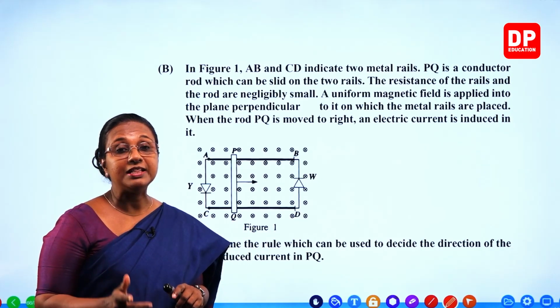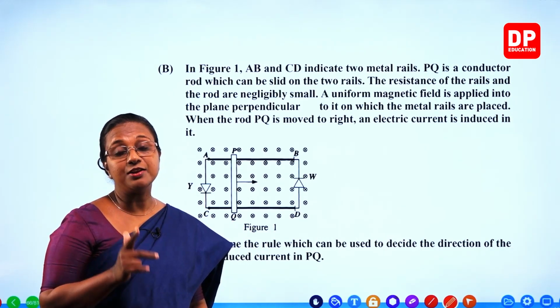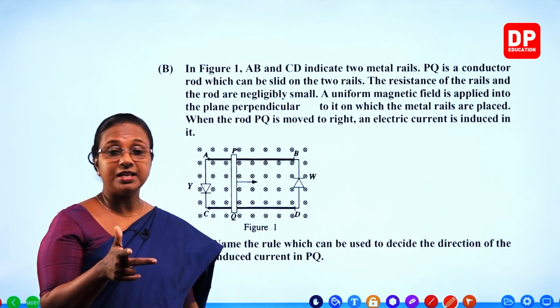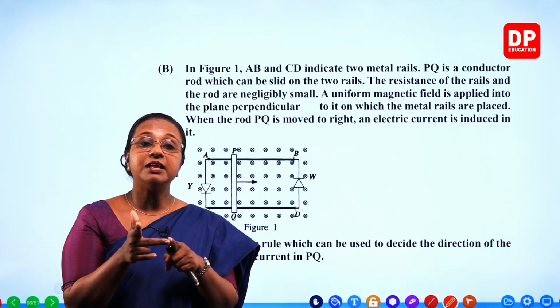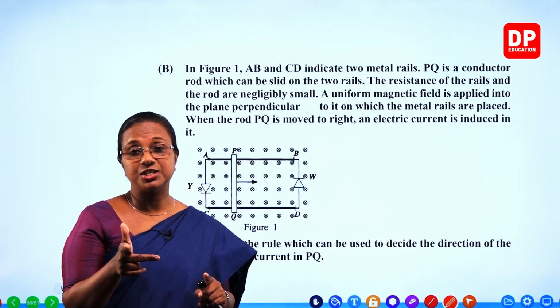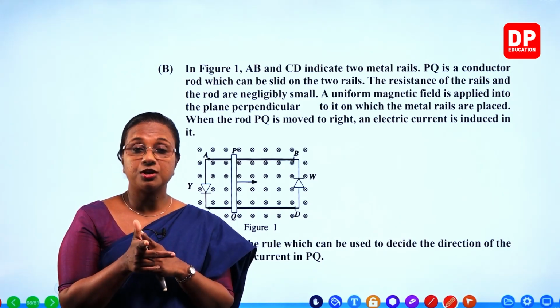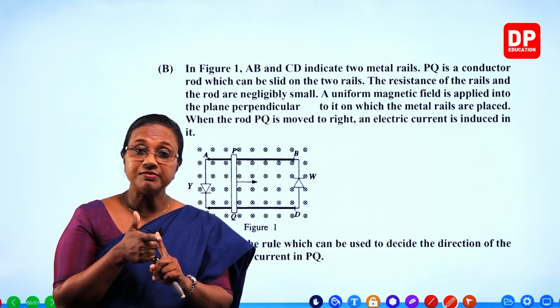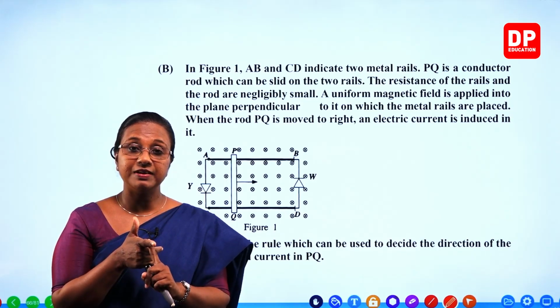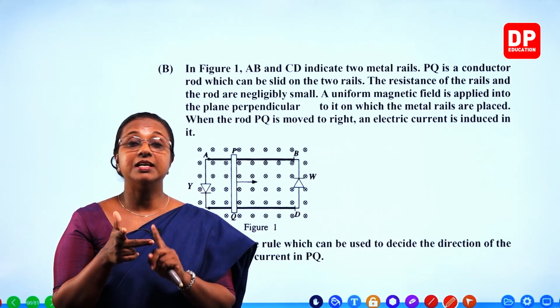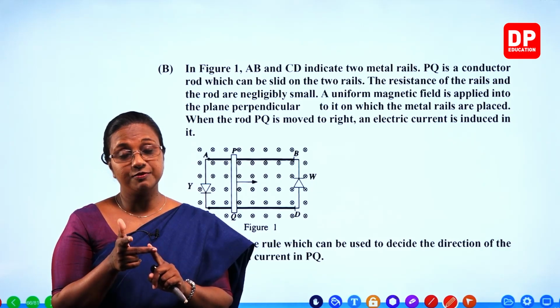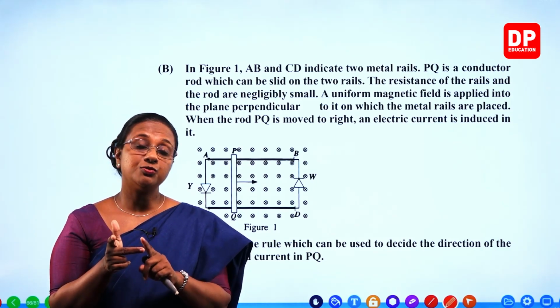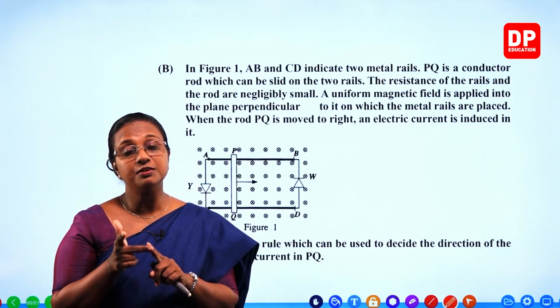You are familiar with Fleming's right hand rule. In Fleming's right hand rule, we need to have the three fingers perpendicular to each other. Thumb is the direction of the motion. The index finger is the direction of the magnetic field. And the middle finger is the direction of the current flow. So here we need to find the direction of the current flow.